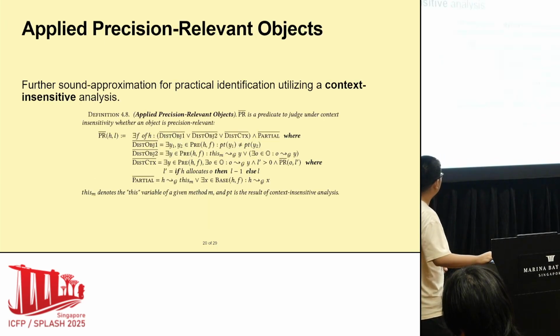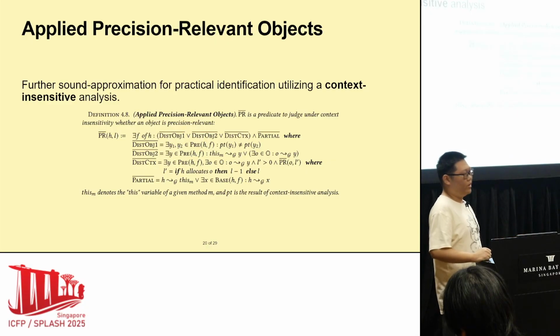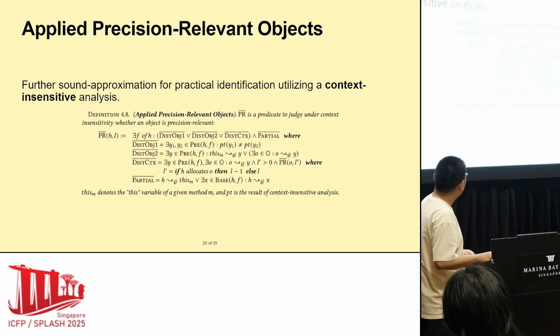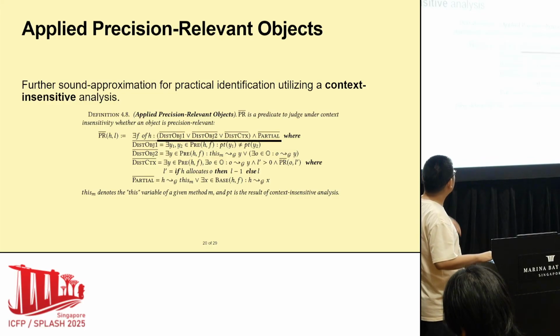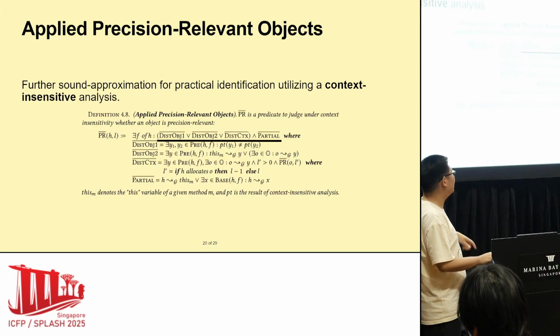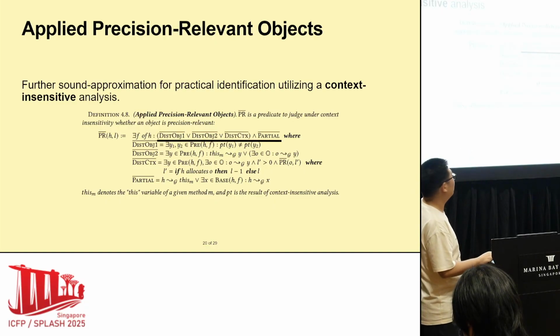So we propose some approximation for practical use with the results of context-insensitive analysis. You can see we decompose the definition into four subconditions, and each condition is a necessary condition of the corresponding part of procedure relevant objects we defined before.